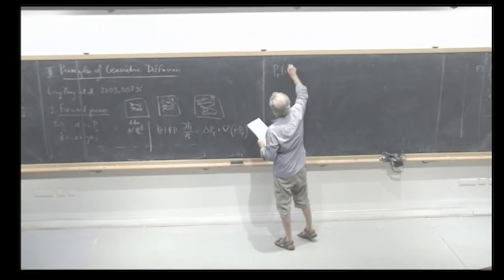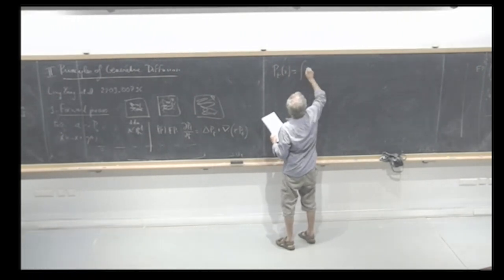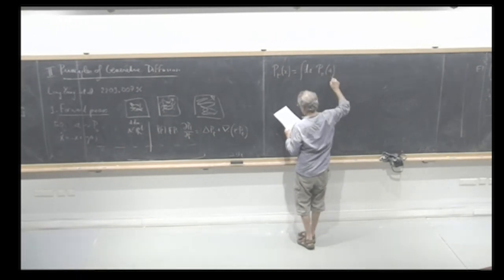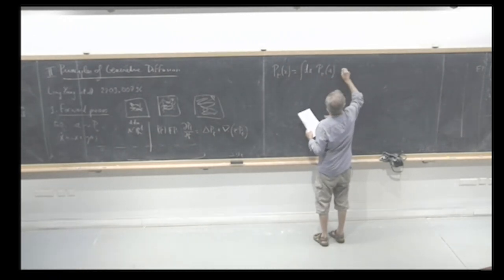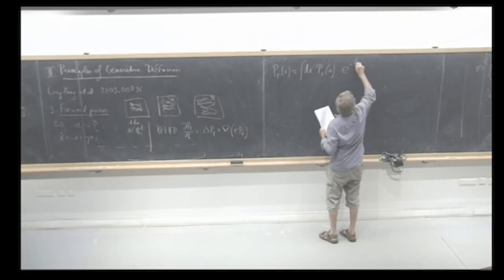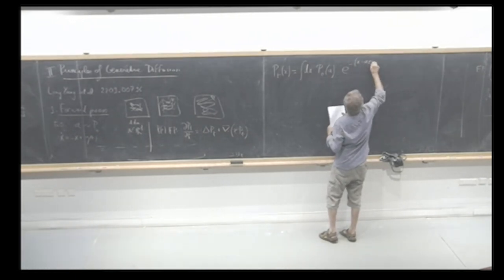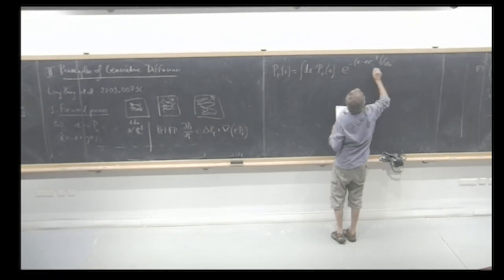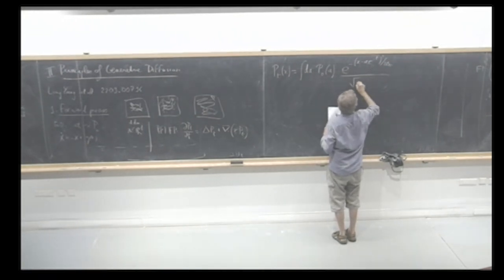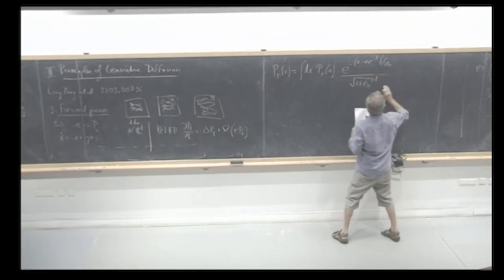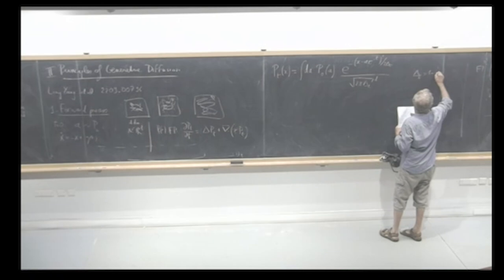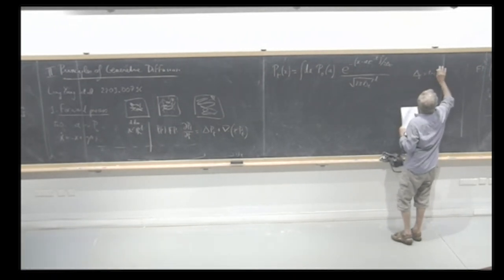pt of x is equal to the integral dA p0 of a times e to the minus (x minus a e to the minus t) squared over 2 delta t, normalized properly by the square root of 2 pi delta t to the power d, and delta t is the variance of the noise at time t, and we have computed it before.